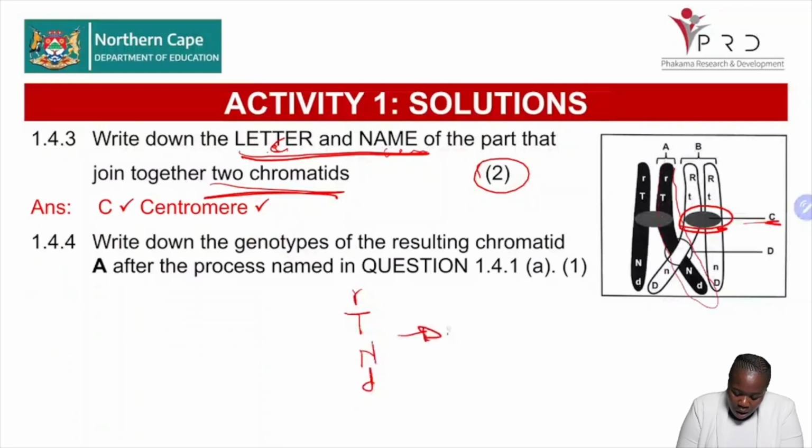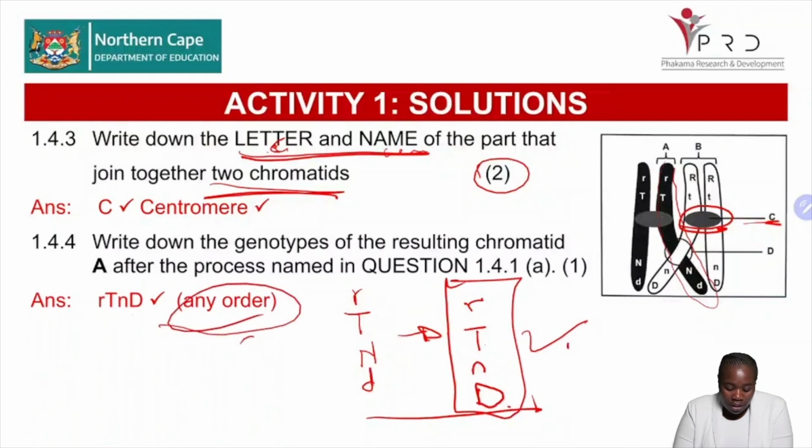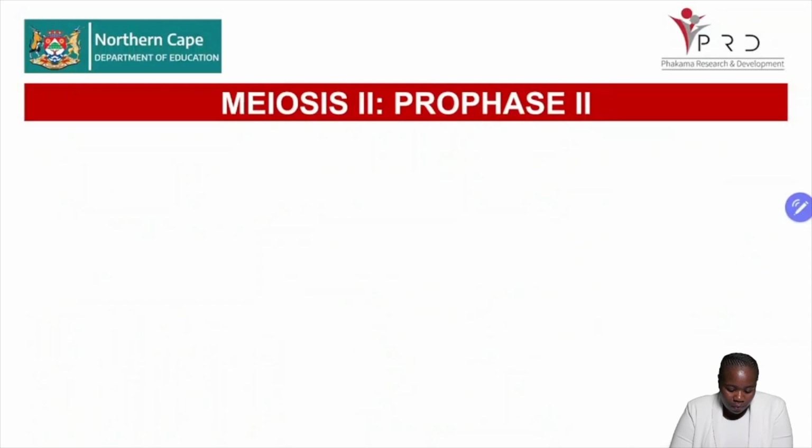So this would be our answer for the new genetic material of chromatid A. Okay, so we have R, capital T, small n, capital D. This can be in any order as long as all those letters are represented and visible.